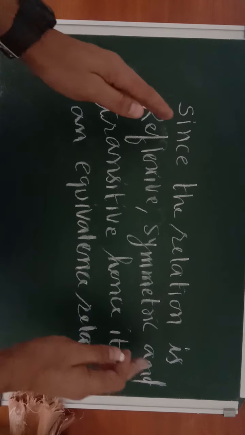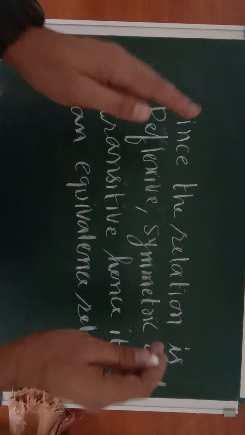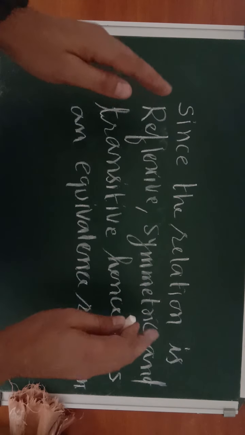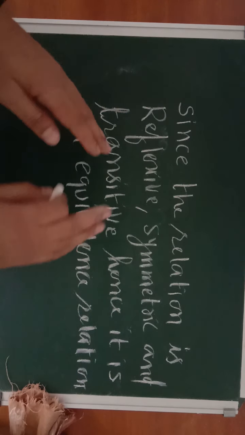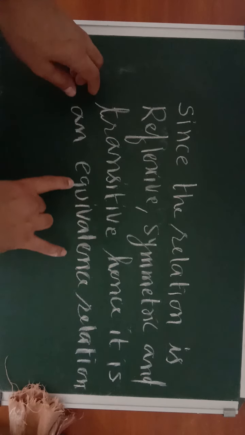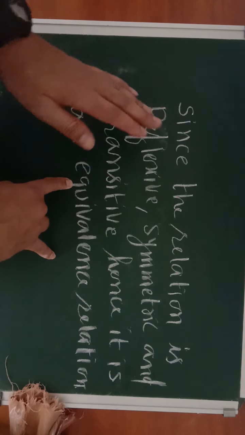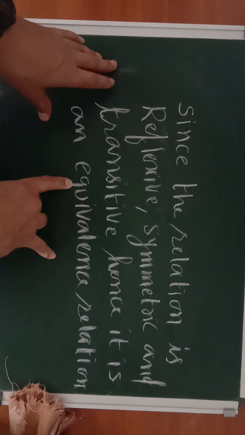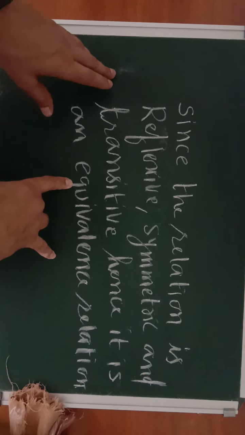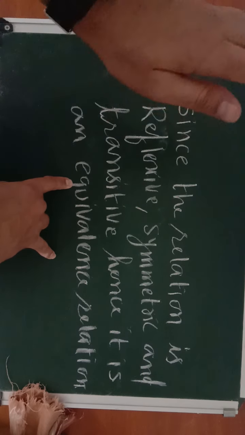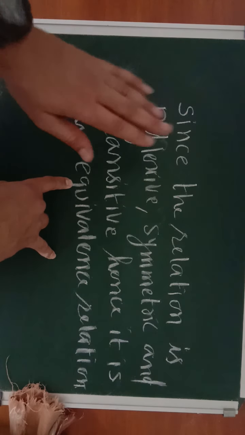This last statement is very, very important in every question where you are going to prove that it is an equivalence relation, because here you are justifying properly that a relation is an equivalence only if these three conditions are satisfied. So every time equivalence relation is asked, you have to write down all three types properly and justify.